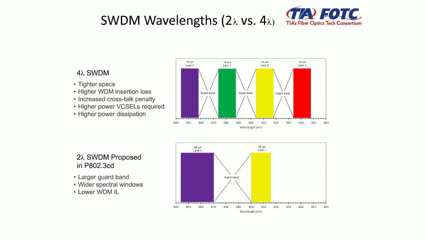Just some grids. People are talking about possibly having a 2 wavelength solution for different speeds. So there's the grid for SWDM on the top, and this is proposed in IEEE as a 2 wavelength grid.